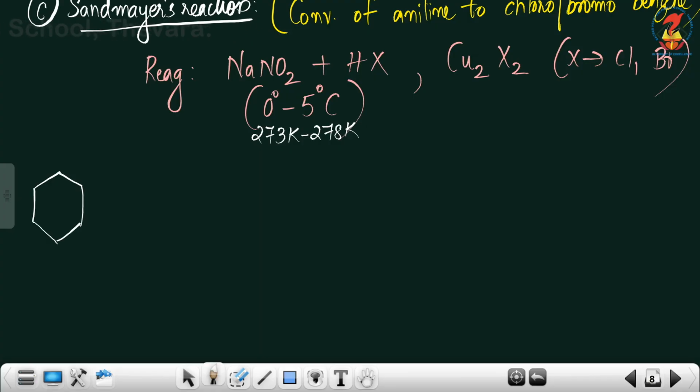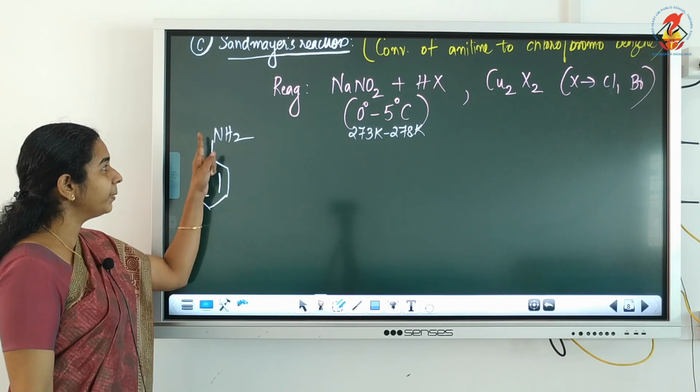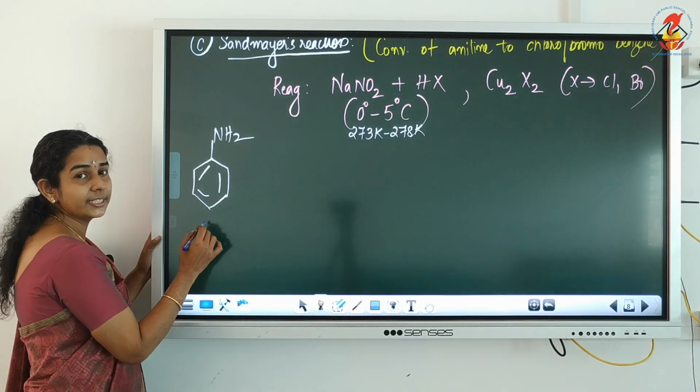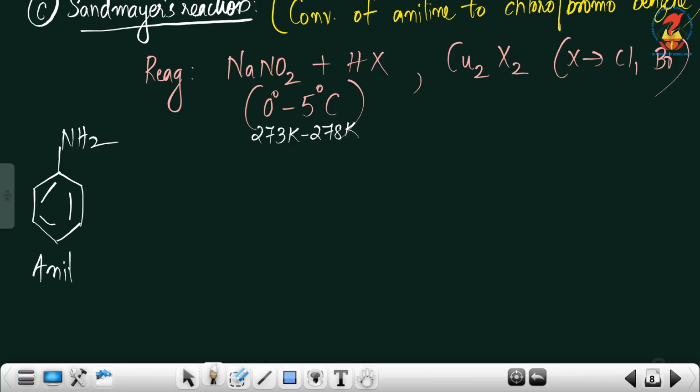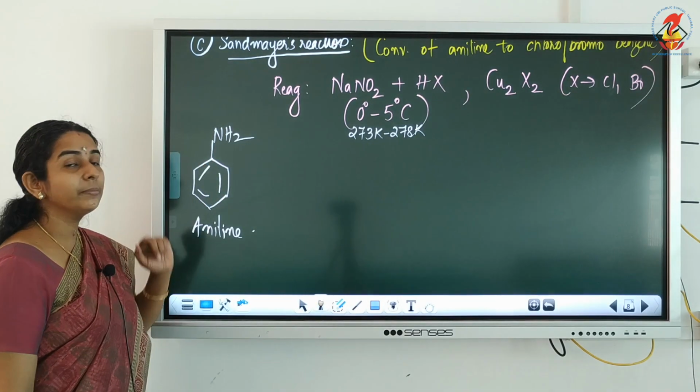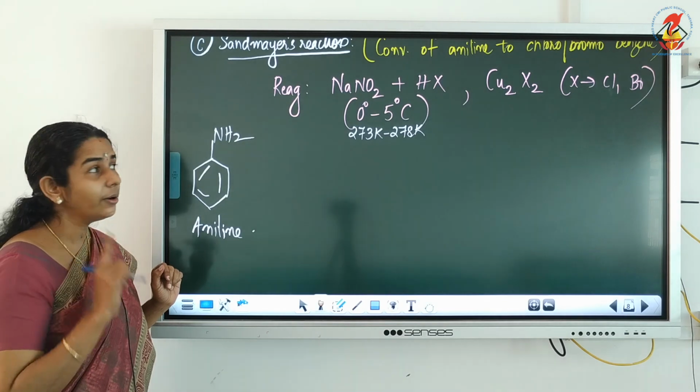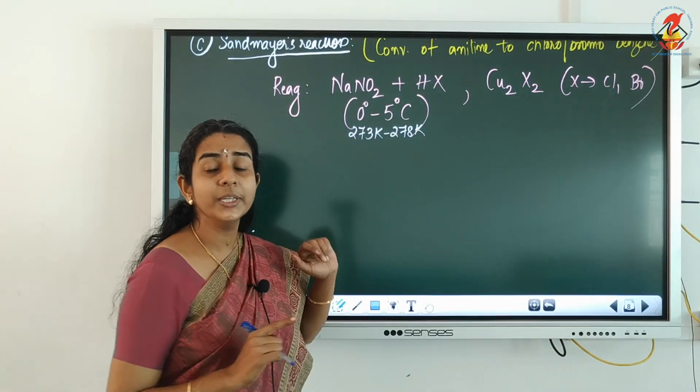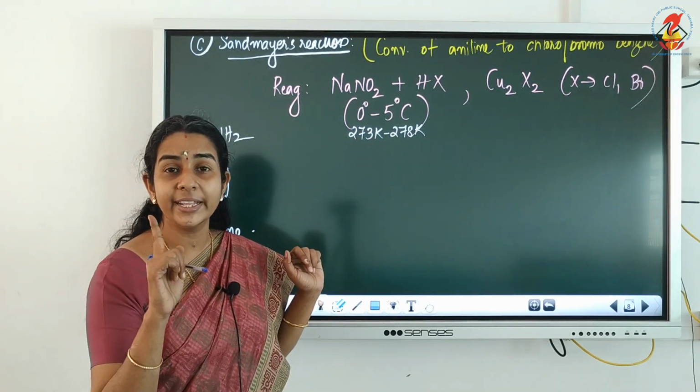When an aromatic primary amine, aromatic means containing a benzene ring, primary amine means the functional group will be NH2. What is the name of this compound? Yes, aminobenzene or aniline. So when an aromatic primary amine is dissolved in cold aqueous mineral acid, for example HCl.